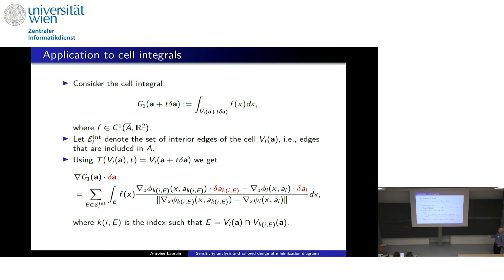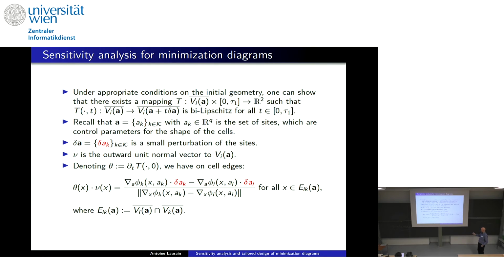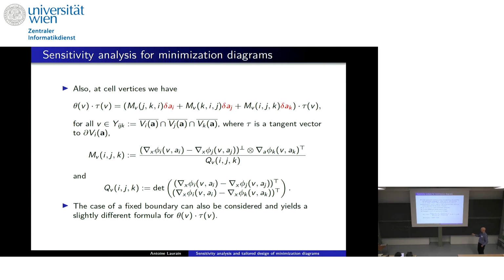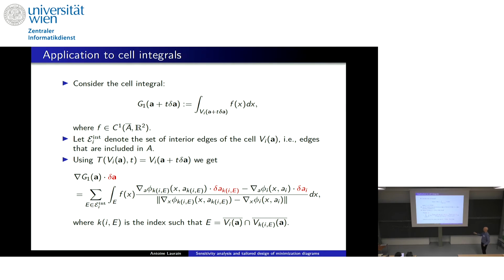And then you can compute the gradient of G1. So it has the typical shape in shape optimization. You would get some integral on the boundary of f theta times n. So instead of the theta times n, you have this one. But this is because the theta times n is precisely this. And so it's really the same formula as in shape optimization.